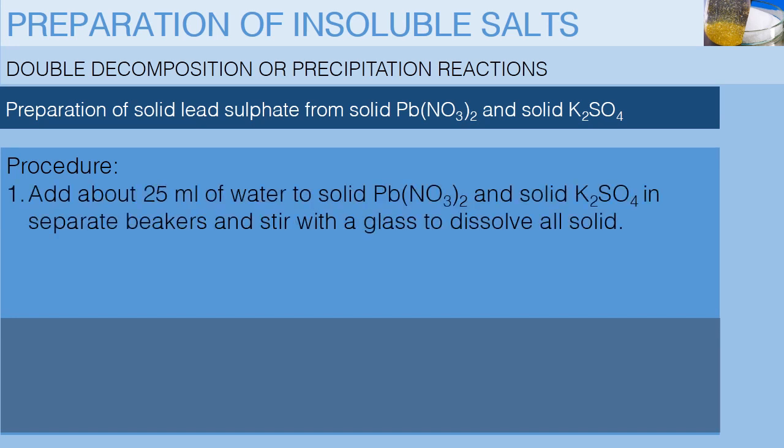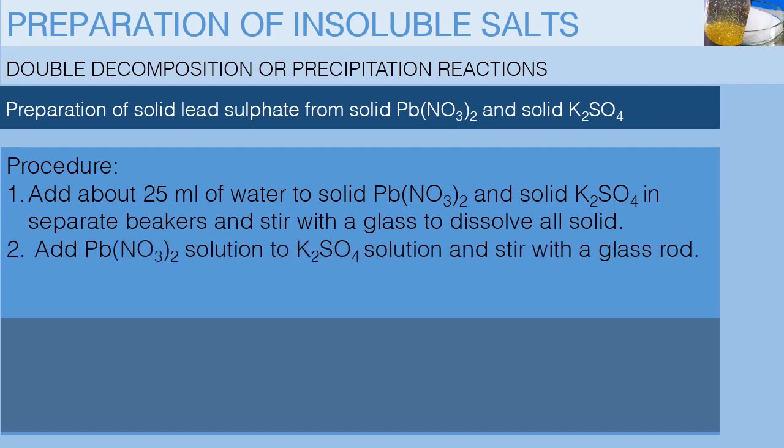The first step is to add about 25 milliliters of water to solid lead(II) nitrate and solid potassium sulfate in separate beakers and stir with a glass rod to dissolve all the solid. This will lead us to two solutions, one for lead(II) nitrate and another for potassium sulfate. The next procedure is to add lead(II) nitrate solution to potassium sulfate solution and stir with a glass rod.